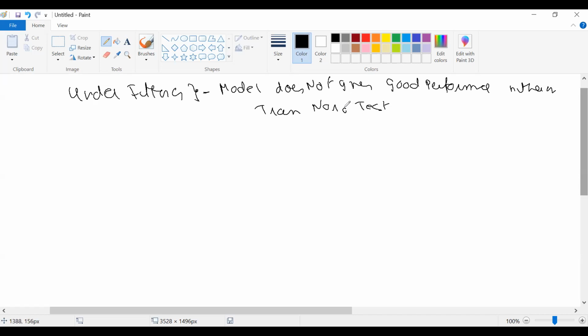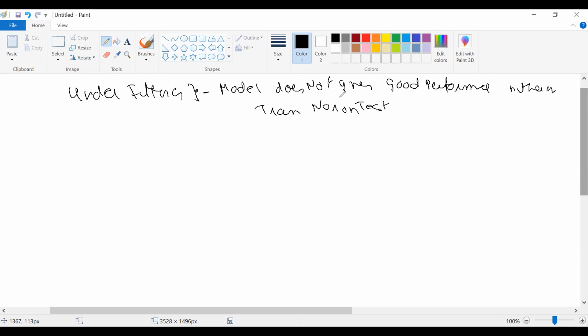So accuracy may be less, MAP may be less, R square may be less, whatever. R square is less, MAP is high, accuracy is less, precision, TPR, all those things.